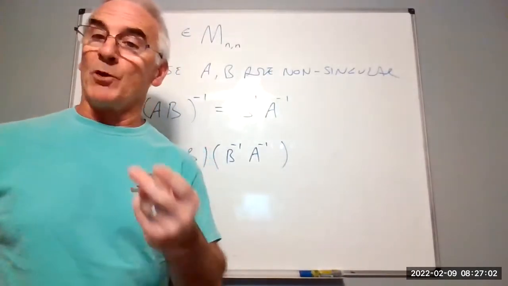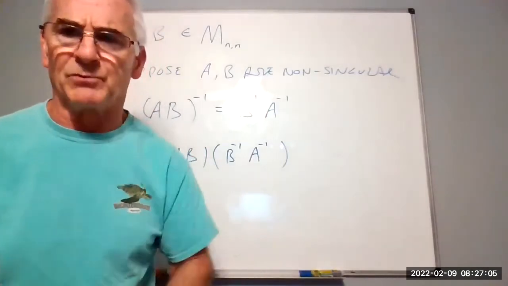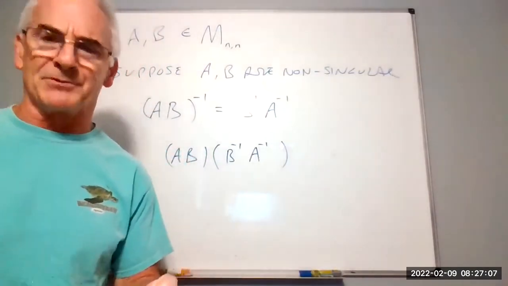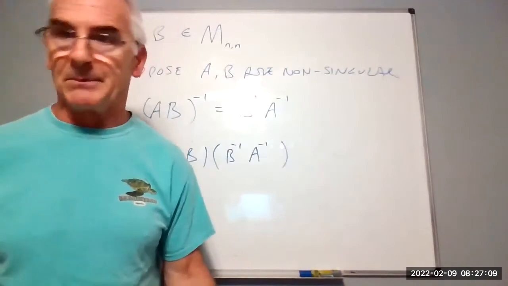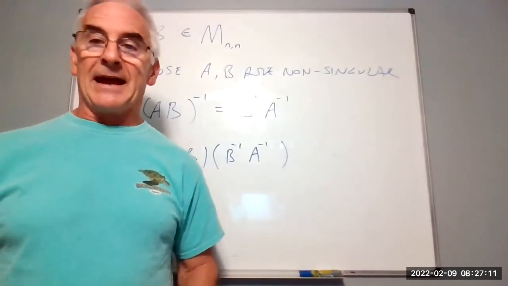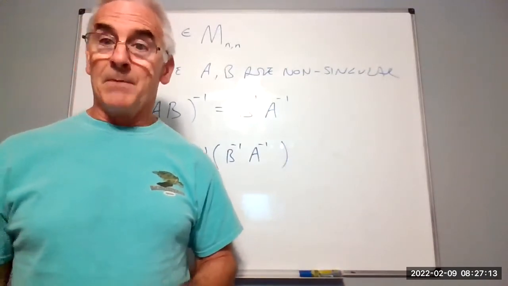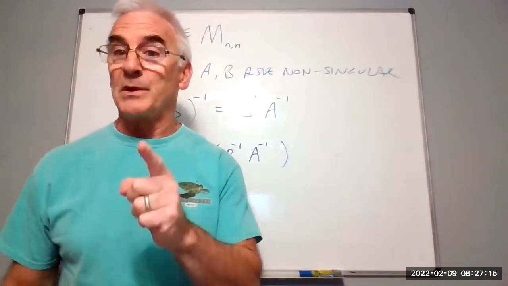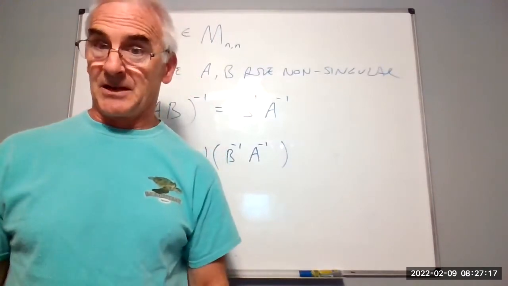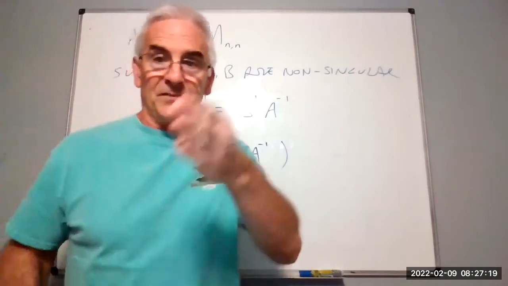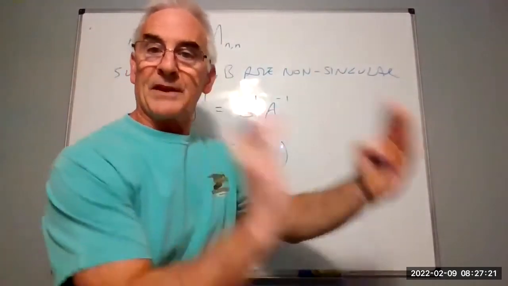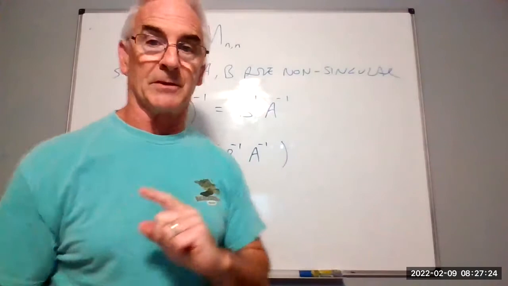Now, if I'm multiplying something by its own inverse, I can commute those. If I'm multiplying something by the identity matrix or the zero matrix, that's pretty much the exceptions. In general, A times B is not equal to B times A. Matrix multiplication is not commutative, but it is associative. Remember, if you have a product of several things, you can group things any way you want without rearranging them.